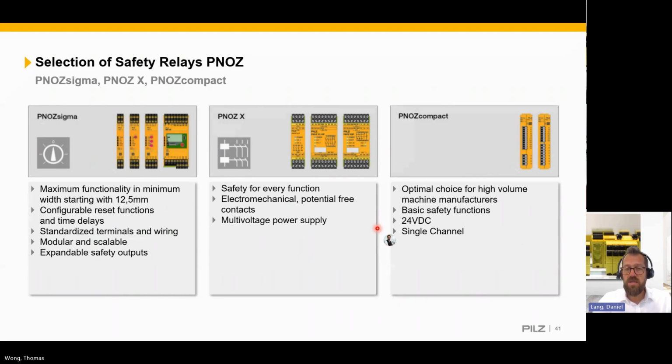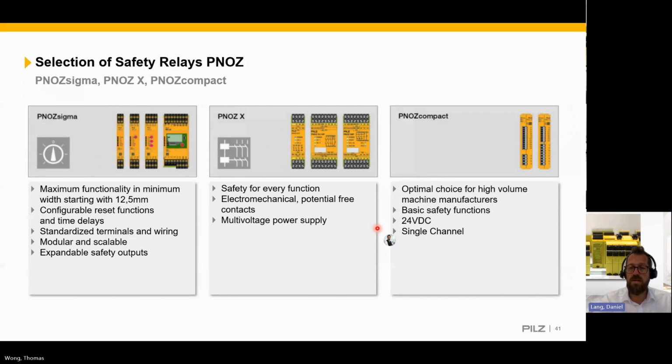The Pnots X is, in this case, a safety relay for every function. It does not have such high functionality that you can just configure it. So you have to buy one, and if you need another function, you have to buy another. We have electromechanical potential-free contacts, and of course, a multi-voltage power supply.